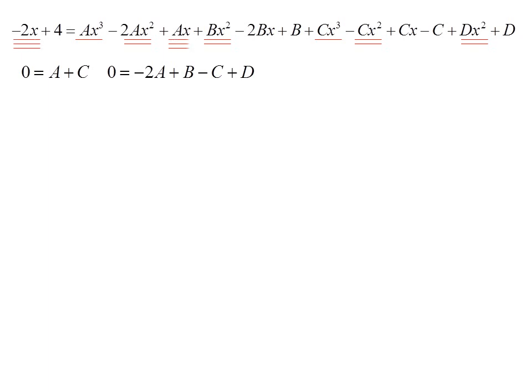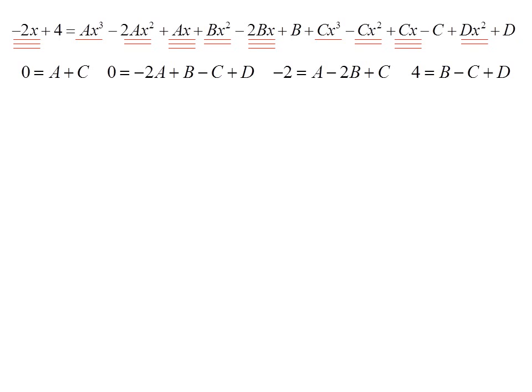For the x terms, there's 1 on the left and 3 on the right. And finally, the units terms, we get 4 equals b minus c plus d.